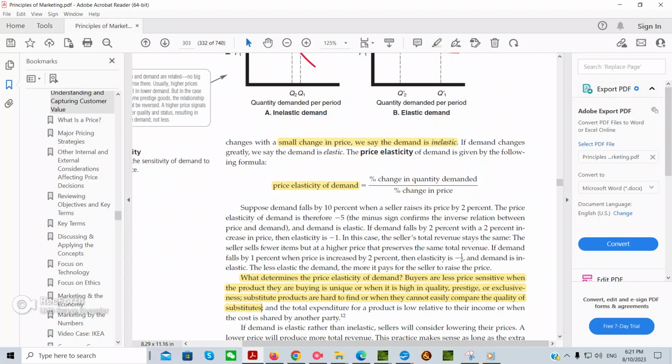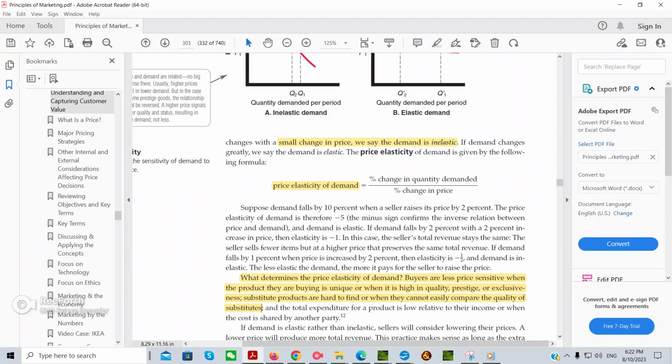So high quality is one, and hard to find a substitute is another. When you don't have a substitute, you're monopolistic. It means only you can do that. When there are very few choices, the price can change to be higher.